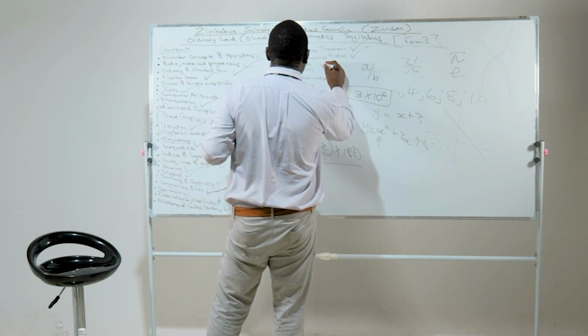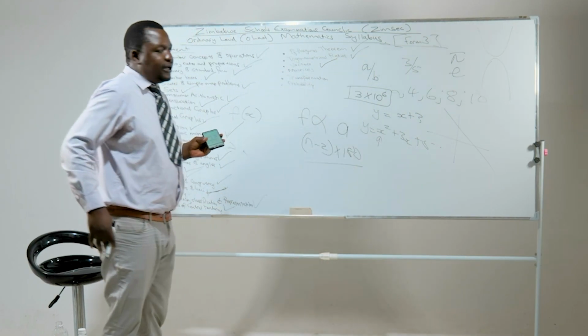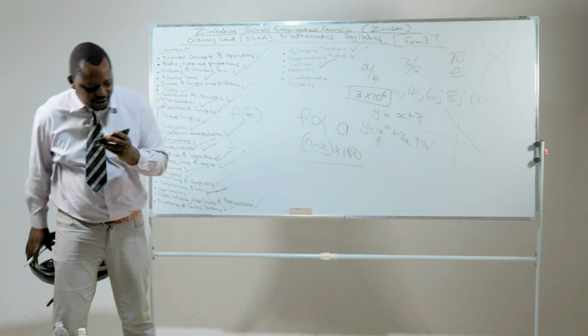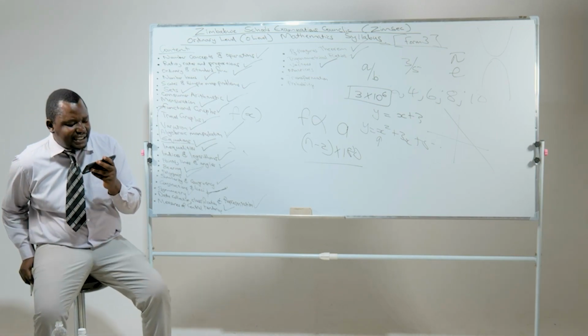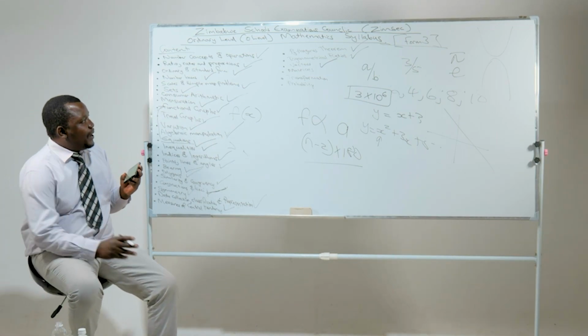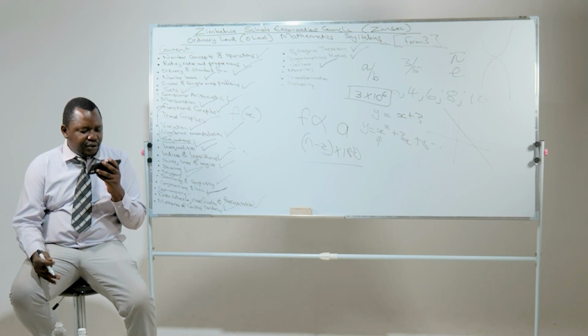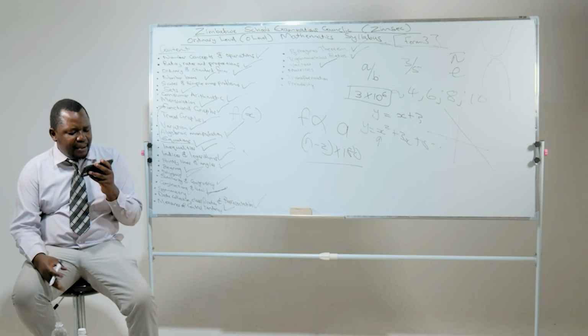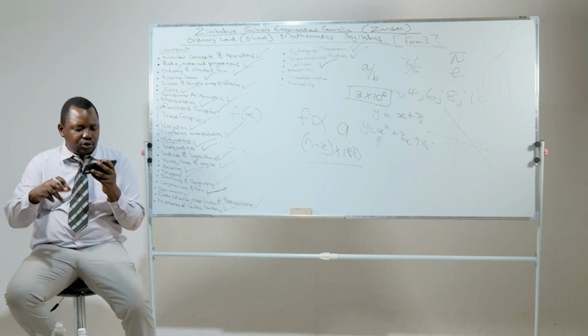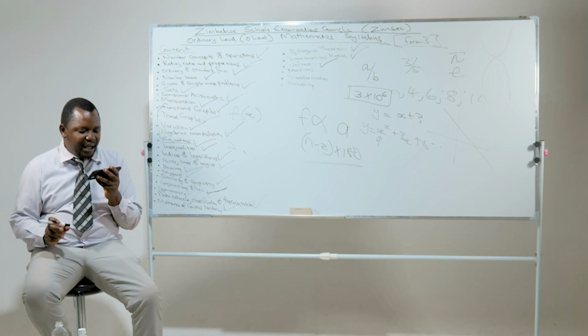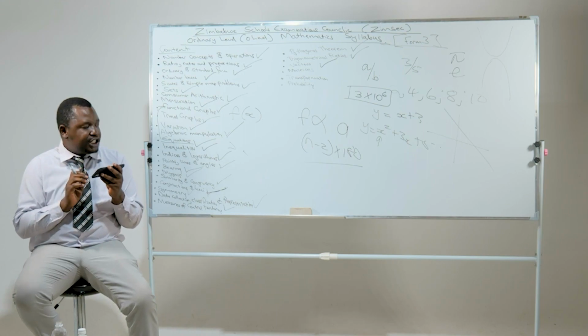Next concept, matrices. Matrices, these are rectangular arrays of numbers. So under matrices, we need to know the operations of matrices. Addition of matrices, subtraction of matrices, multiplying a matrix by a scalar, and also multiplying matrices using the row by column multiplication procedure.